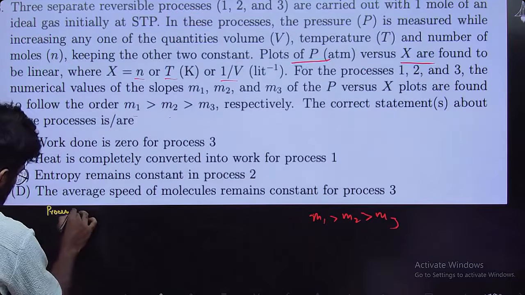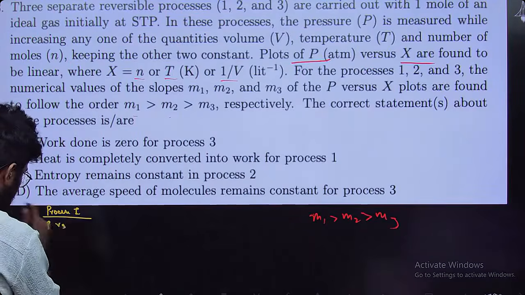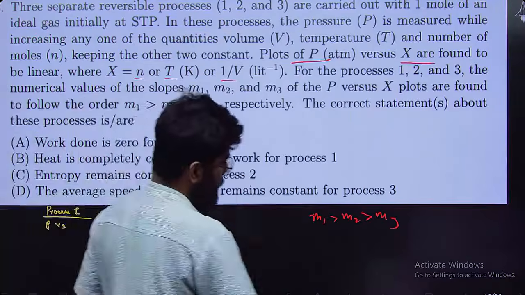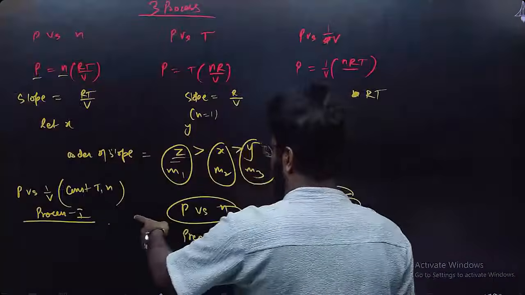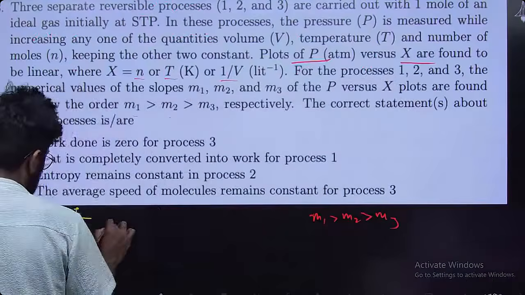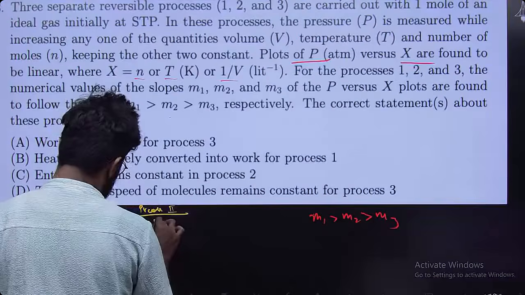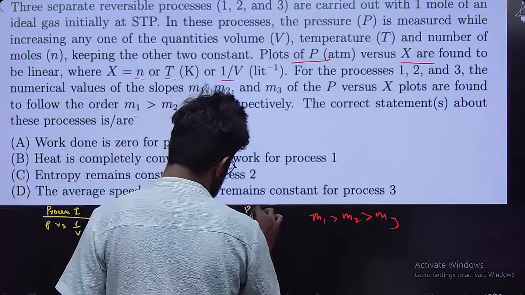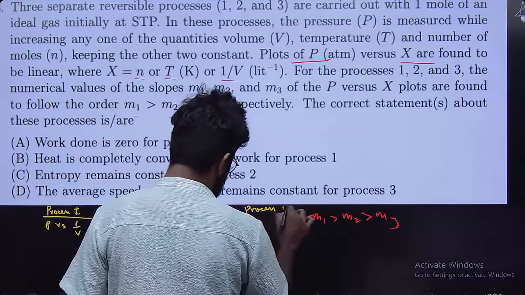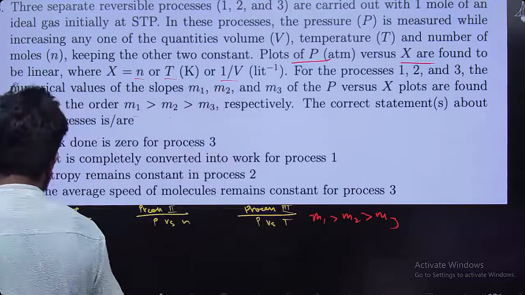Process 1 is P versus 1 upon V. Process 2 is P versus N, and process 3 is P versus T.